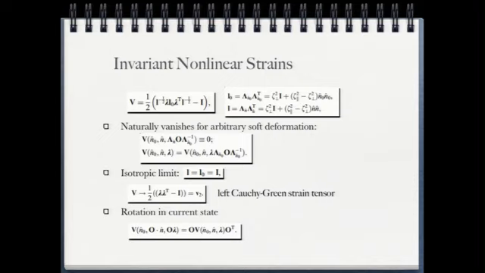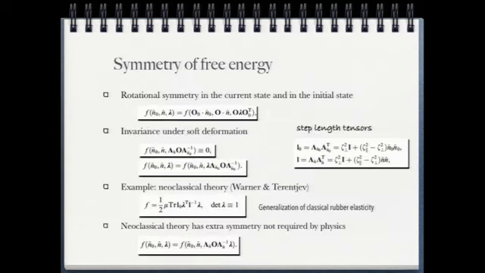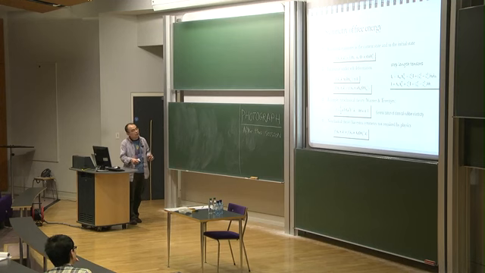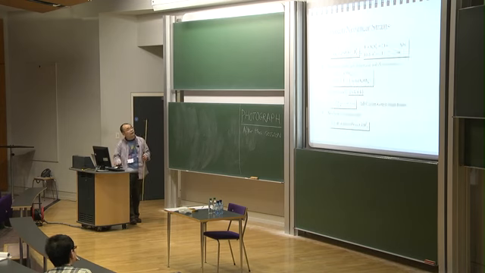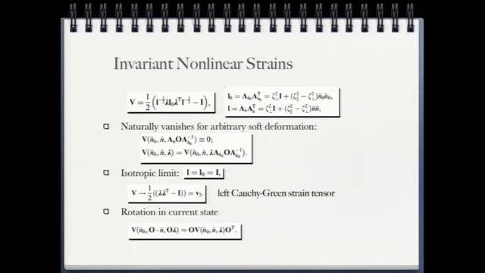So we construct an invariant nonlinear strain tensor. This is basically a rewriting of the tensor in the classical theory; we just shuffle things around, and by definition it's symmetric. Note that the director inside L0 is the director in the initial state, the nematic reference state, and it's traced over.